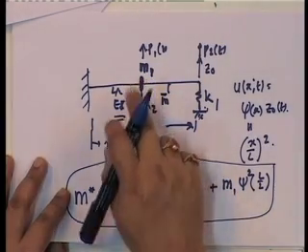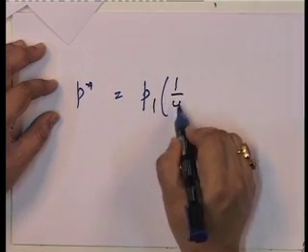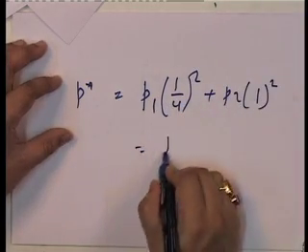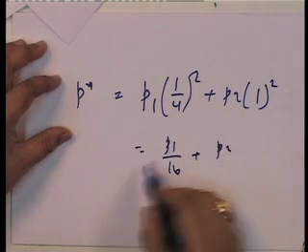P1 was at the half point and P2 was at the second point. So, it becomes equal to P1 into 1/4 squared plus P2 into 1 squared. So, P1 upon 16 plus P2. That is my P star.